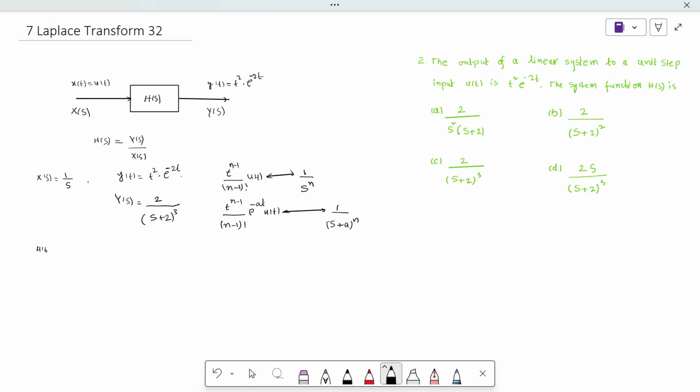So H of s equals 2 by (s plus 2) to the power of 3, times 1 by s, that equals 2s by (s plus 2) to the power of 3. So this is it, so 2s, option D.